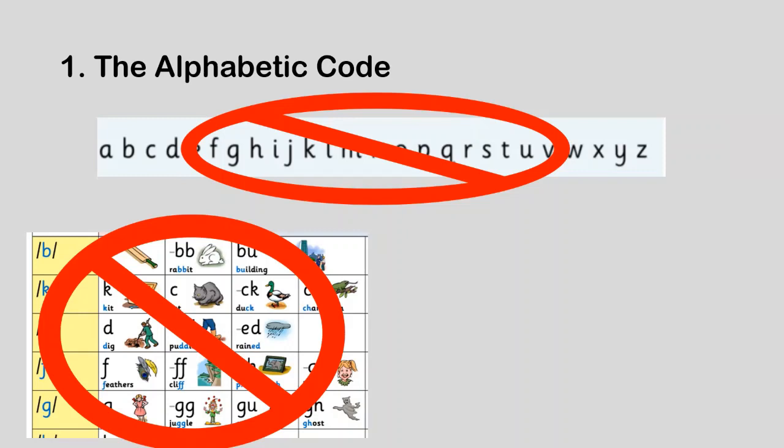So the first phonemes and graphemes that we teach children are these. O, G, K. Now, the reason we teach this group, and there are other programs that use different groups of letters, but they all work on the same principle.